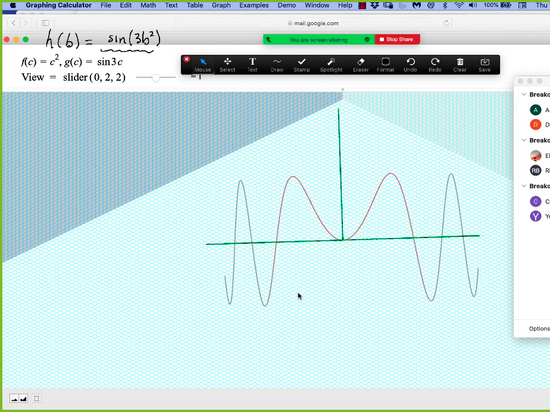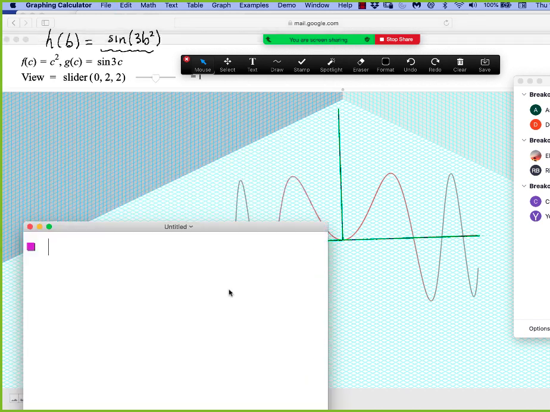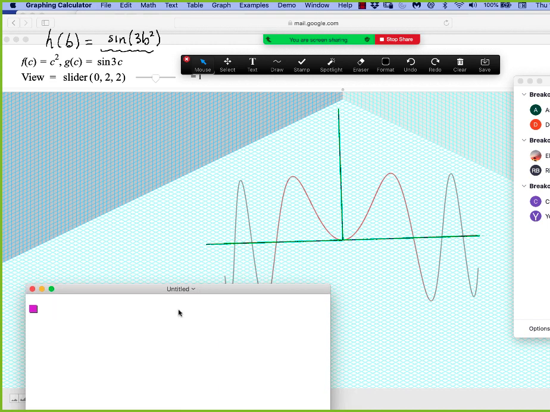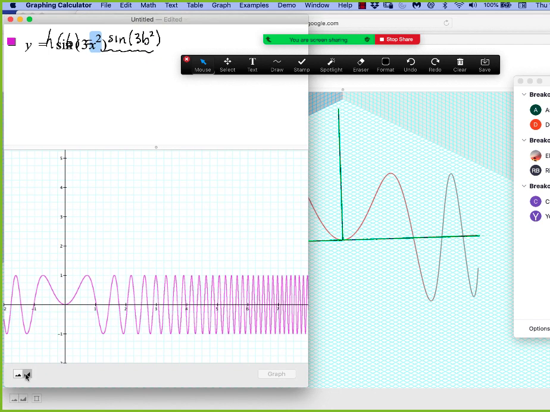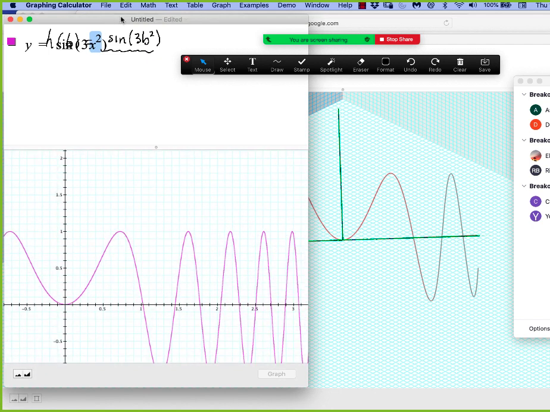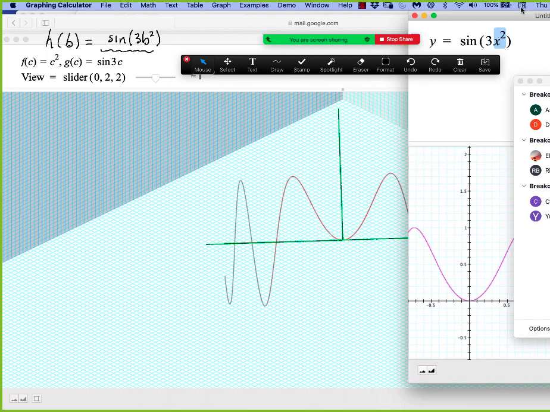What is that the graph of? What should I type in here? Y equals sine of 3x squared. Is it the same?